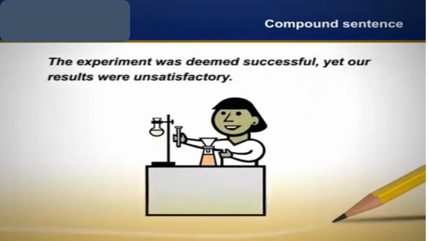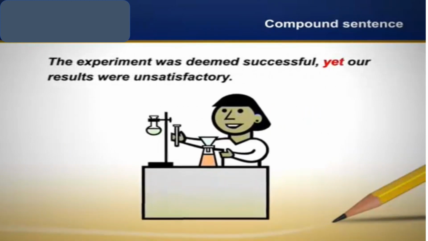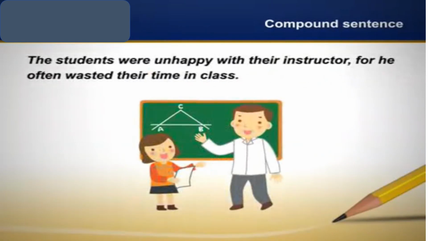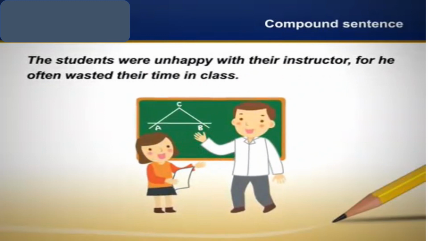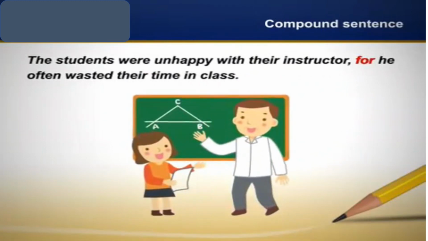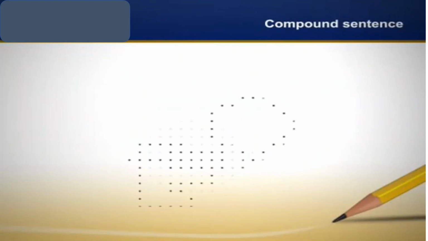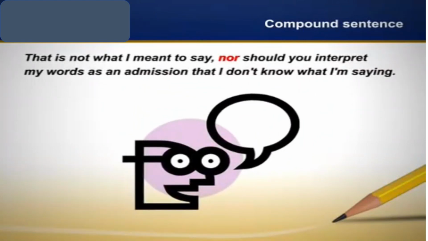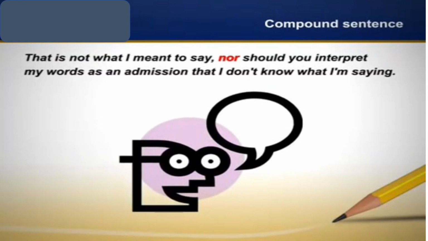The experiment was deemed successful, yet our results were unsatisfactory. The students were unhappy with their instructor, for he often wasted their time in class. That is not what I meant to say, nor should you interpret my words as an admission that I don't know what I'm saying.